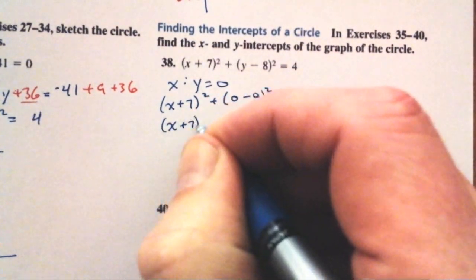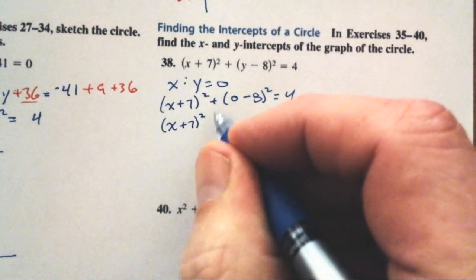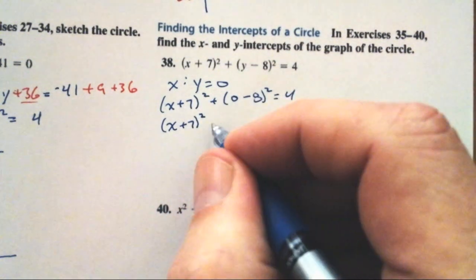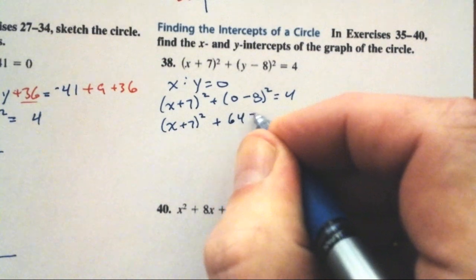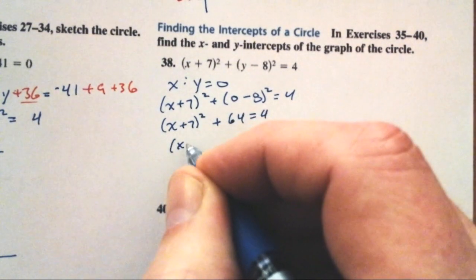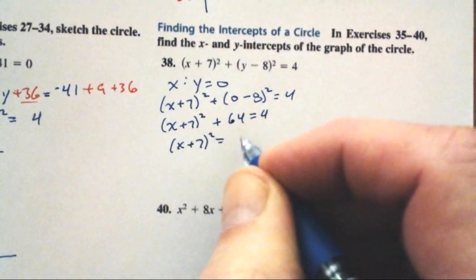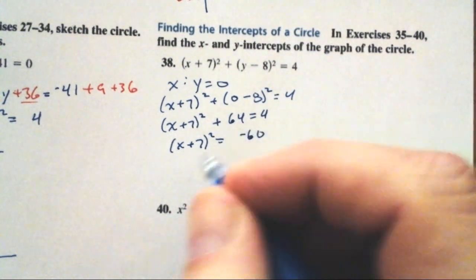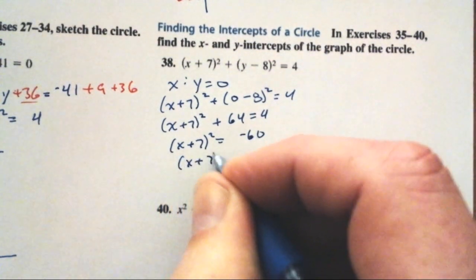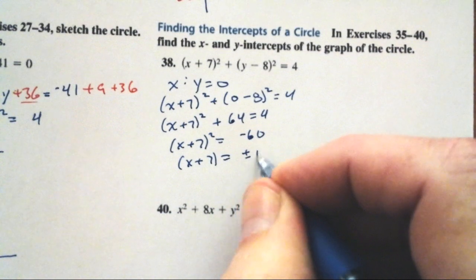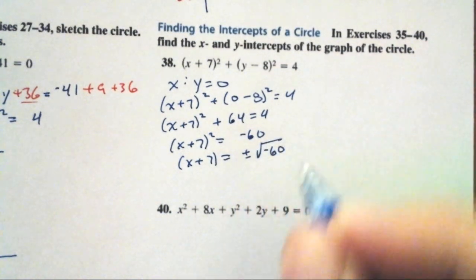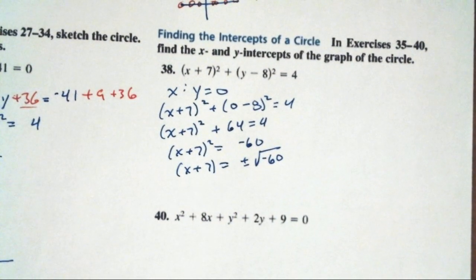You might be tempted to FOIL this. You're going to see there's a payoff not to. Negative 8 squared is 64, so plus 64. (x plus 7) squared equals negative 60. x plus 7 equals plus or minus the square root of negative 60, which would be an indication we don't have any x-intercepts.